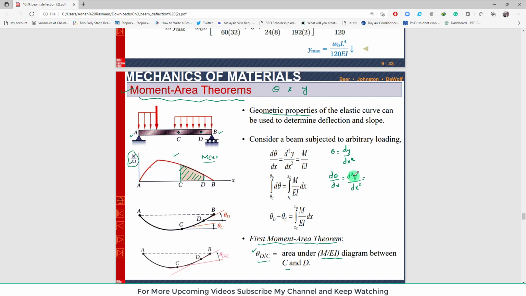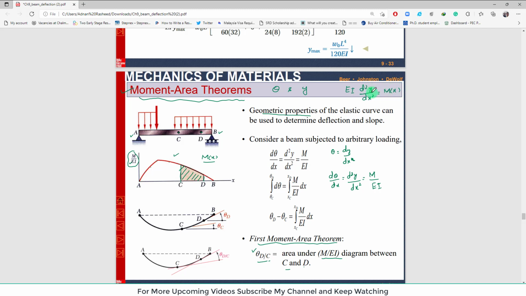And you know that d square y over dx square is equal to M over EI. How? I will show you as well. From the first and second parts of this chapter number 9, we discussed that EI into d square y over dx square is equal to M of x.